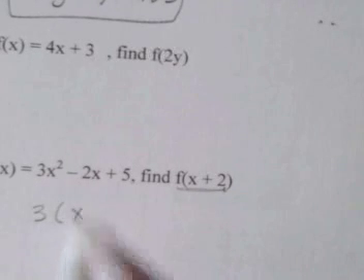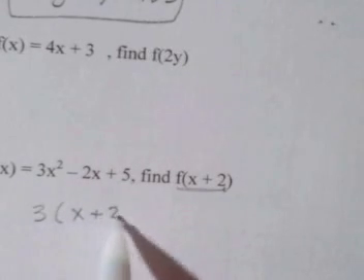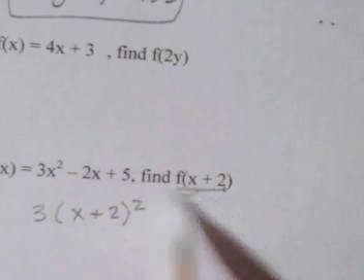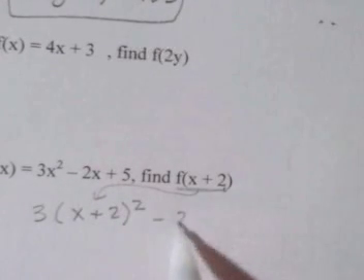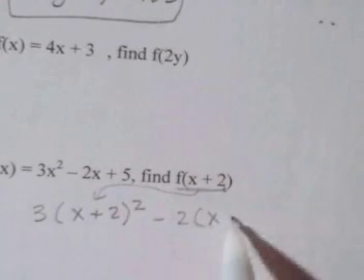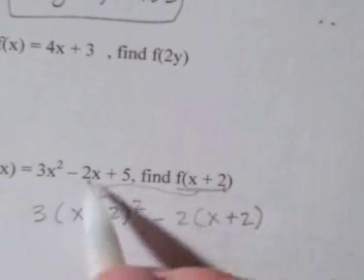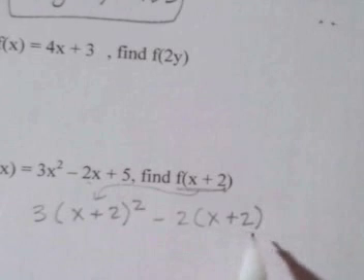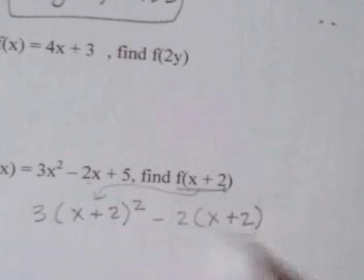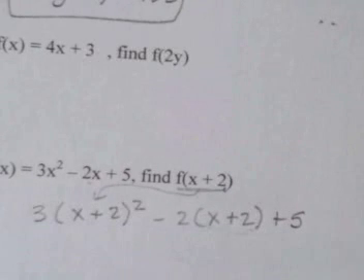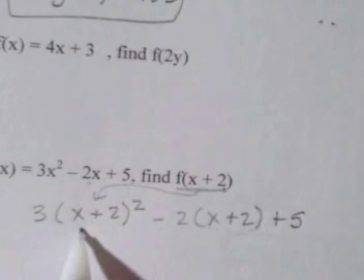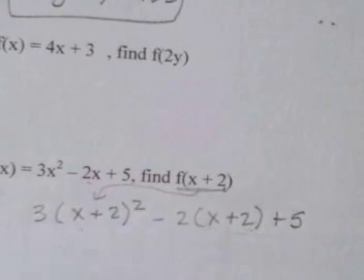Wherever there's an x, I'm going to insert what was right there in my parentheses. Notice there's an x there, so I put x in right here, x plus 2 in right there. And now I've got to sort this out, and it's going to take some doing because that's a binomial and I have to multiply it.